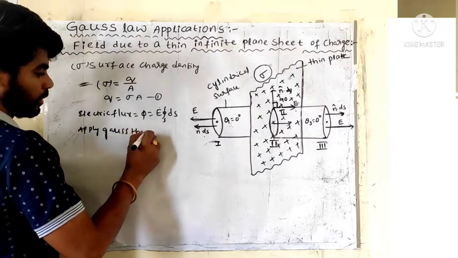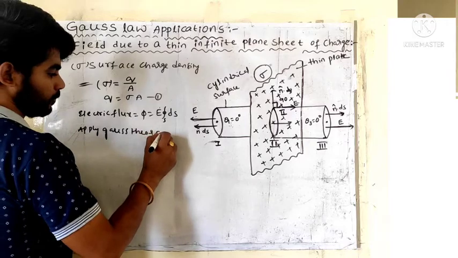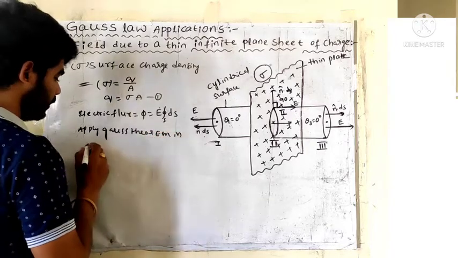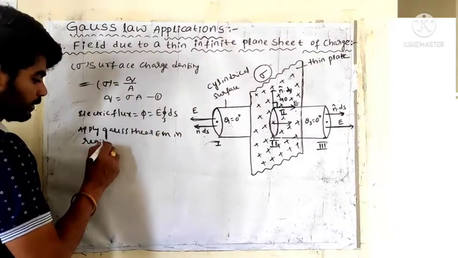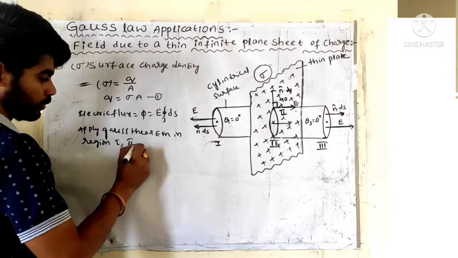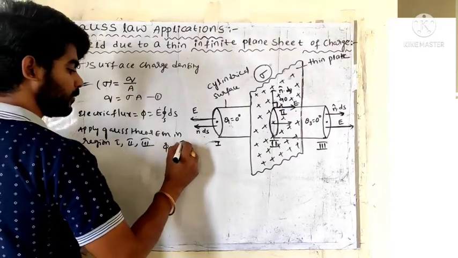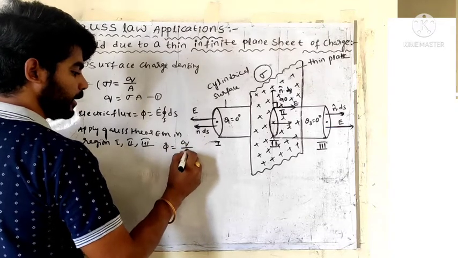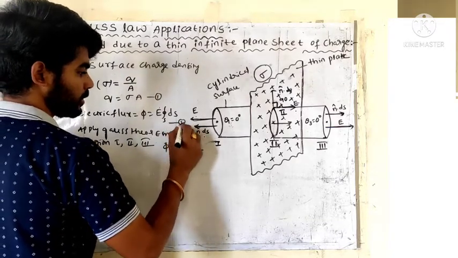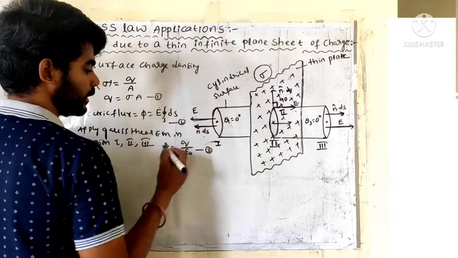Apply Gauss theorem in region 1, 2 and 3. So we can apply Gauss theorem, phi is equal to Q by epsilon naught. So this is the second equation and this is the third equation.